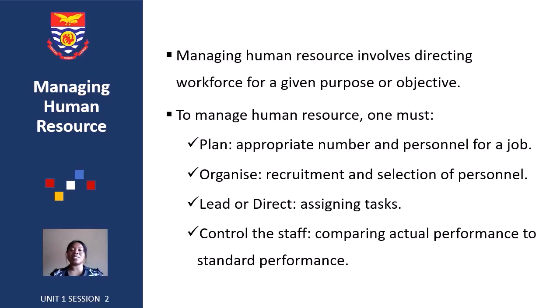In this sense, you're going to assign tasks, delegate tasks, give authority to people, give them the right resources to be able to carry out the tasks you've asked them to do. Then you need to control your personnel. So you control your staff. Here you measure their actual performance against the standard that you set for them and see if they were able to deliver effectively as you asked them to. And where there are deviations, you put measures in place to make sure it doesn't happen again.